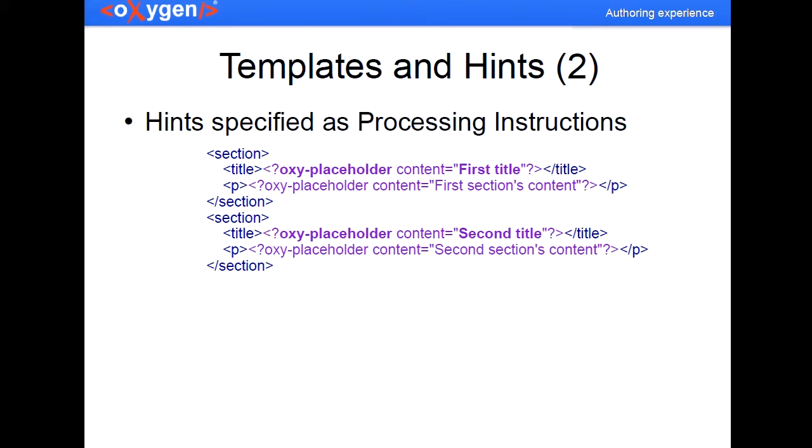So what we are preparing for version 19 is to allow you to put these hints directly in the elements, in the template. Such a processing instruction will have a predefined name, oxy_placeholder, and you will give it the hint in sort of an attribute form. So I can say, for this is the first title, and here is the second title, and so on.